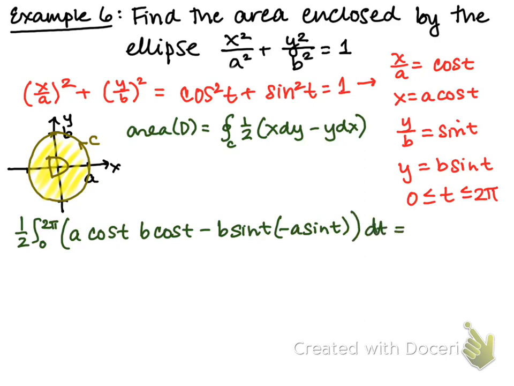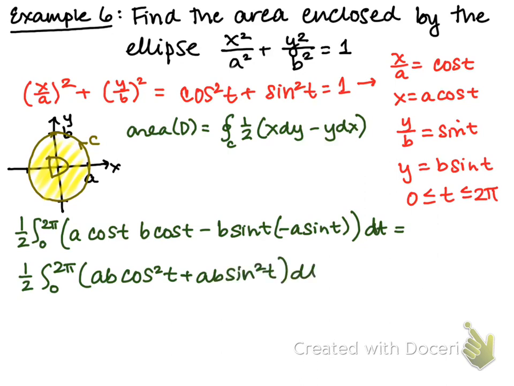And you can already see this is going to turn out really nicely because I have 1/2 the integral from 0 to 2 pi of ab cosine squared t plus ab sine squared t dt. And of course, you can see how we can simplify that. So this is ab times cosine squared t plus sine squared t, which is ab times 1.